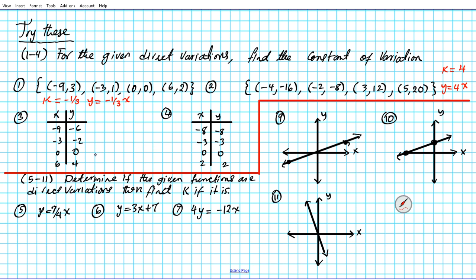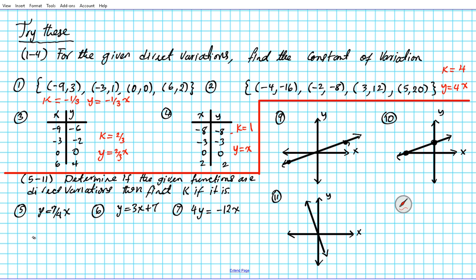For number 3, your constant of variation k is 2/3, and your equation is y equals 2/3 x. For number 4, your constant of variation is 1, and your equation is y equals x.